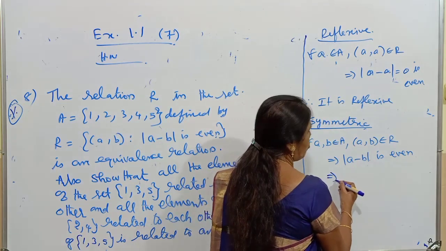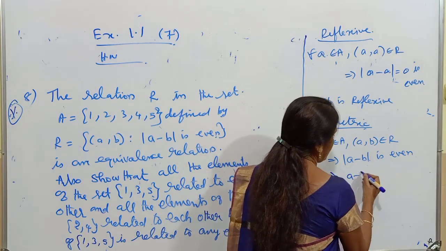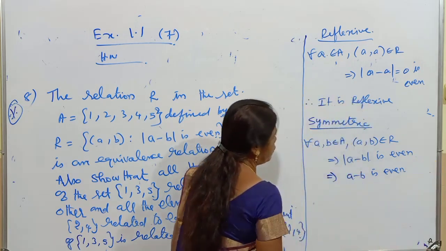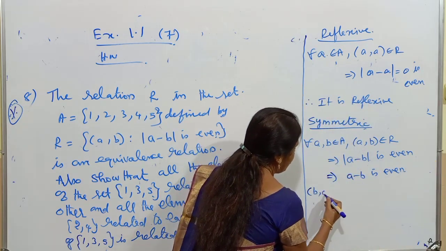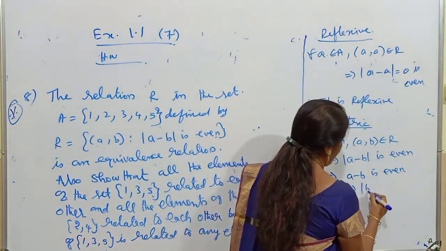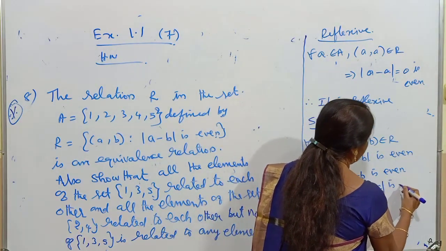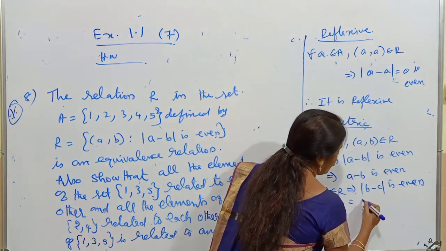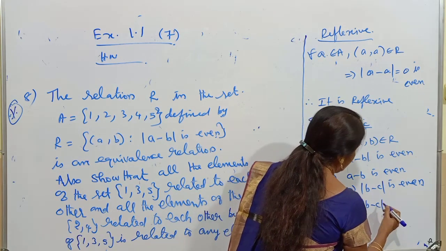So, you can remove the modulus, so it will be a minus b is even. Right. Same way, you can say that (b, c) belongs to R implies modulus of b minus c is even. Right. Now, without modulus also, it will be even.